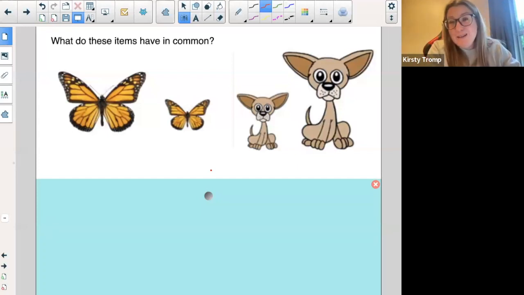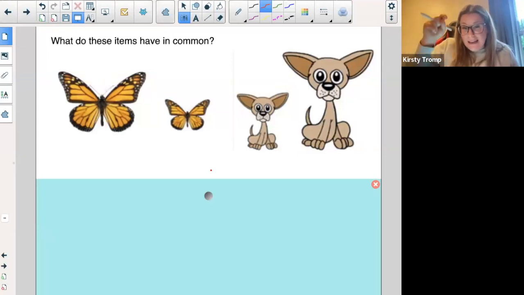All right. So for these two shapes, in the first one, I have two butterflies. Those butterflies are identical. It's almost like I took this tiny butterfly, went to the photostat machine at your school, pressed the enlarge button, and then copied that butterfly.